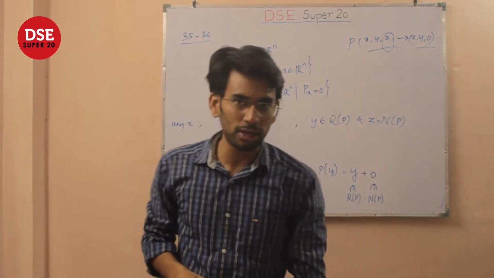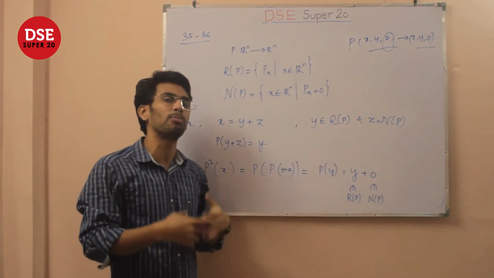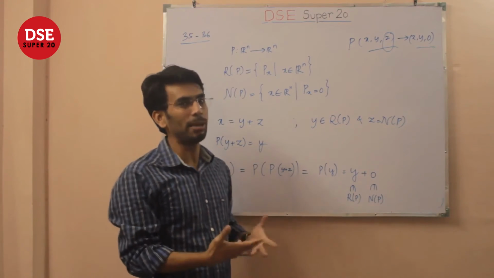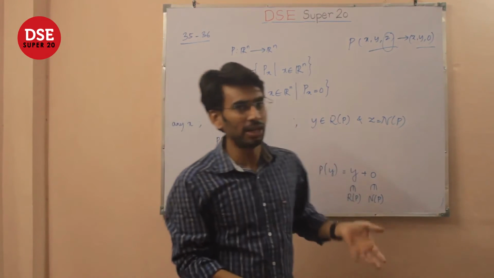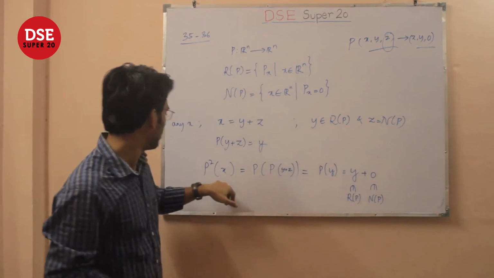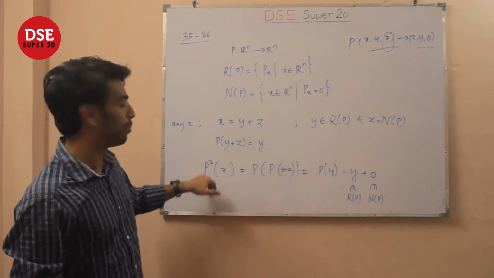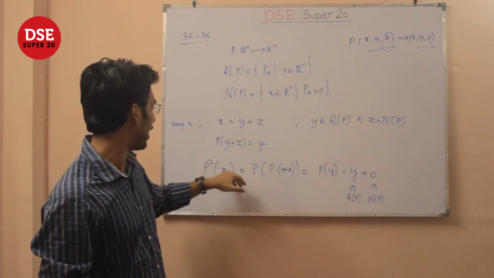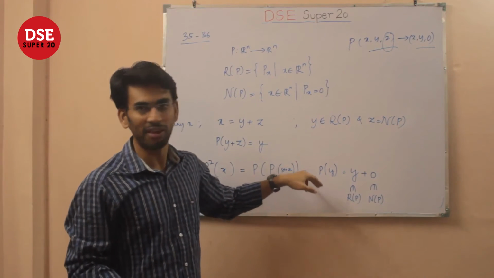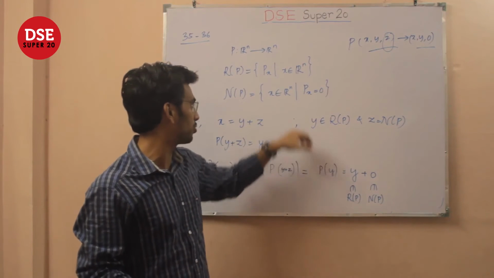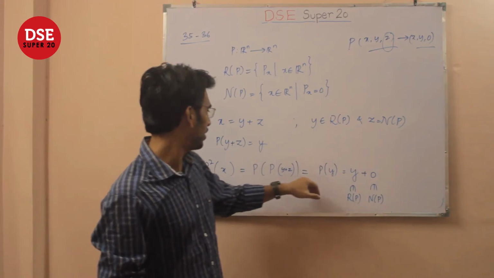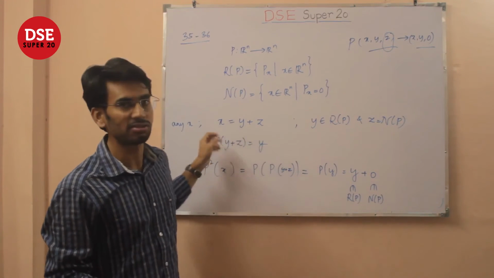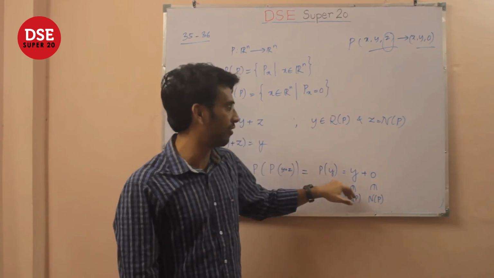Once we've understood that, it's very easy to see that if you take a projection of any vector twice, we'll get the same result again. So consider any vector x and consider P square. Just apply P twice, and we can represent x as y plus z, where y belongs to the range and z belongs to the nullity. Since P of y plus z is nothing but y, and z is siphoned off, we are left with P of y.